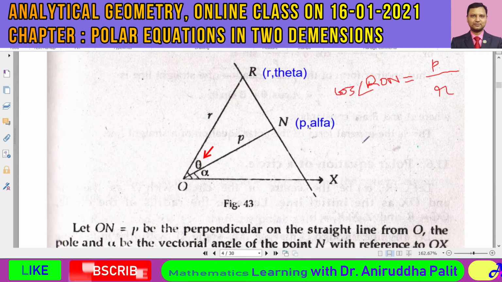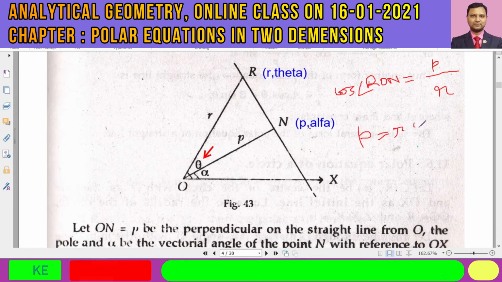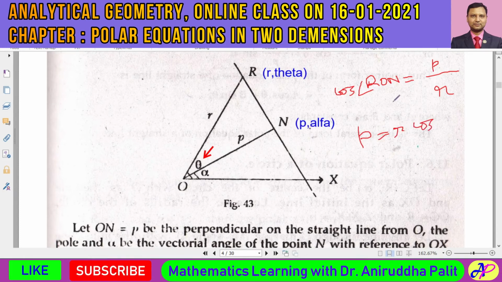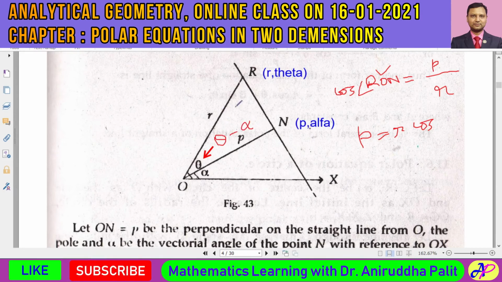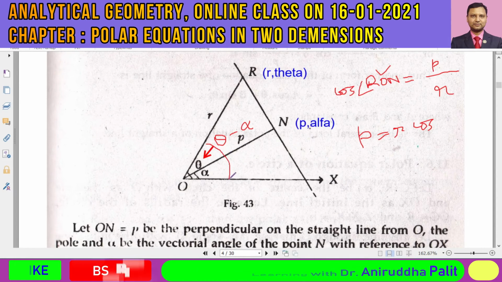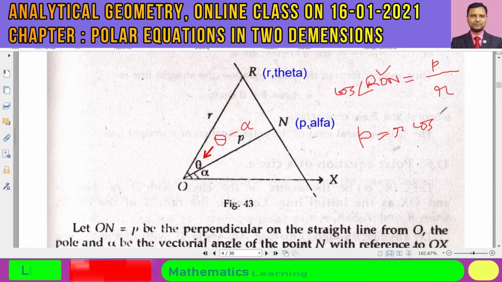Then what would be p? p should be equal to r into cos of this angle. This angle is equal to theta minus alpha, because the total angle was theta, and from it we subtract the angle alpha.